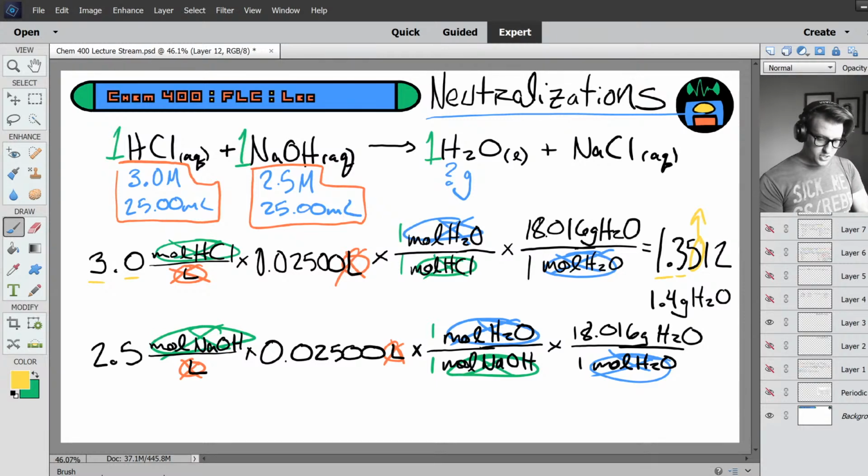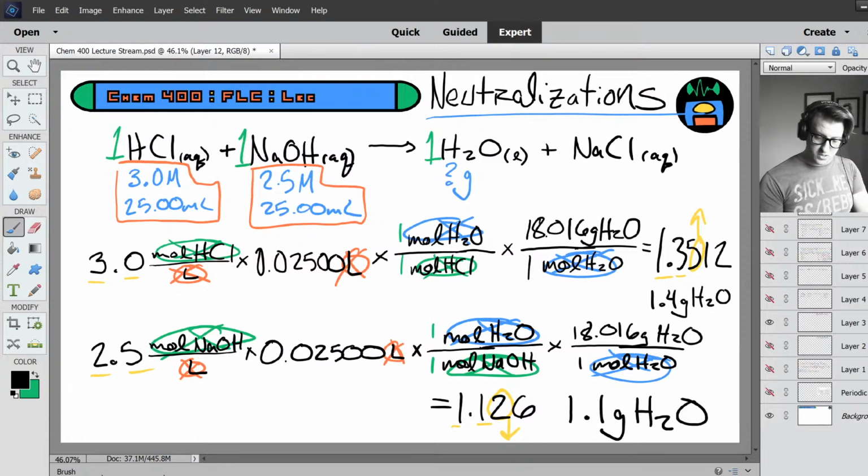Again, we're limited to 2 sig figs. My calculator's telling me this is equal to 1.126. You count off your first 2 sig figs. 2 is going to round down. So 1.1 grams of water. And because this is smaller, this is our theoretical yield.